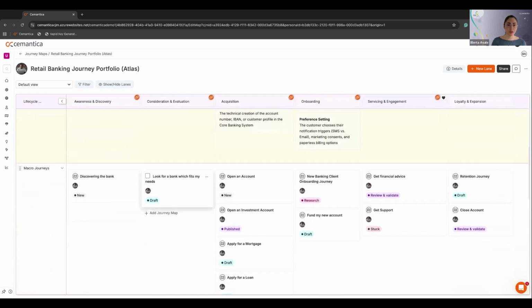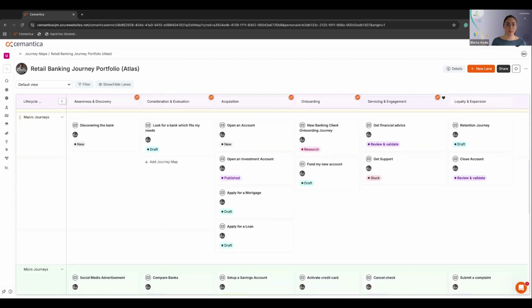Then moving on, this is where we start mapping our macro journeys and then micro journeys. So we have our macro journey lane here. This is where you can create a journey, and you can add your macro journey, which, like Anna mentioned, is a milestone or a bigger action. So we have discovering the bank, for example, under awareness and discovery.